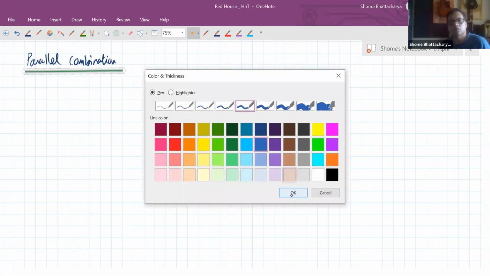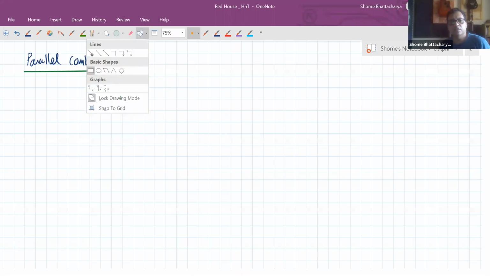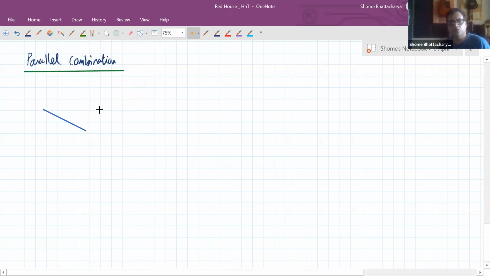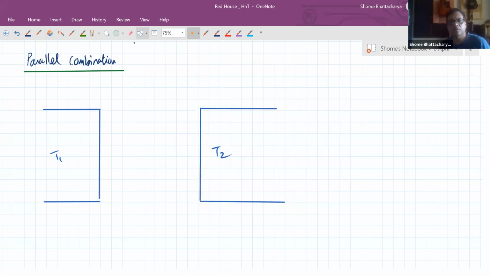Suppose we have created two heat reservoirs or temperature reservoirs, and across them we have connected two rods or two metallic conductors, but in parallel instead of in series. This is a temperature reservoir at T1, this is a temperature reservoir at T2, and the conductors are parallel to each other.